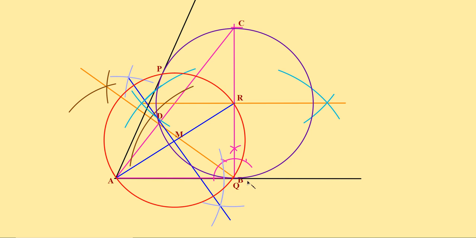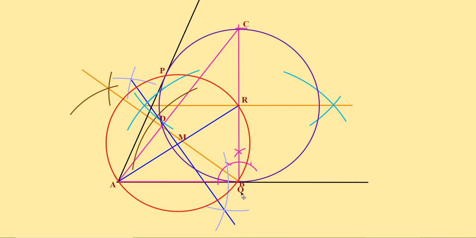Here you can see the points B and Q both are coinciding because angle ABR is an angle in the semicircle. So the line through AB and AP are also tangents. So we can say the required tangents are AB and AP.